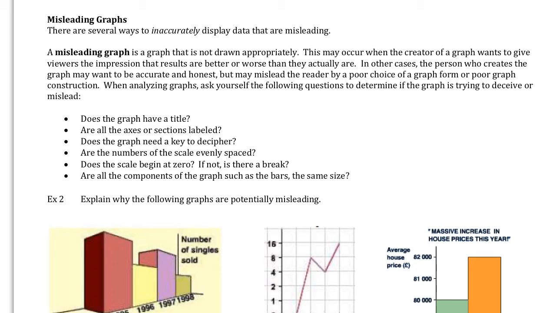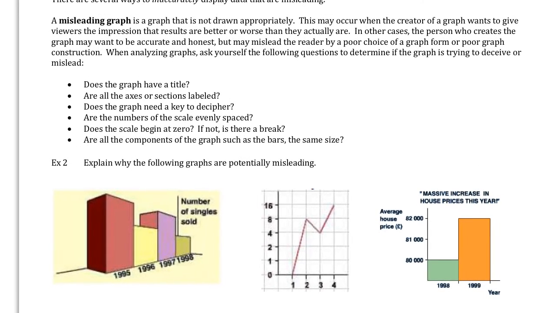Sometimes it can be more malicious, where it was intentionally misleading to try to get across a certain point that the data doesn't actually show. So things that could potentially be misleading about a graph: if it doesn't have a title, if the axes aren't labeled, those are ones you want to be careful about. It might mean it's a misleading graph.